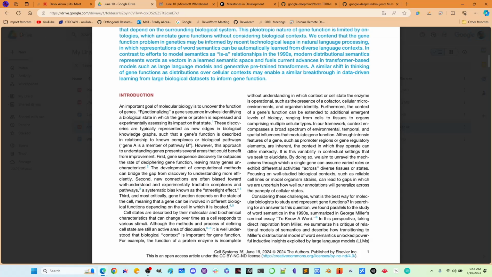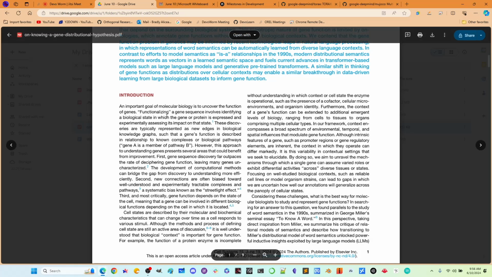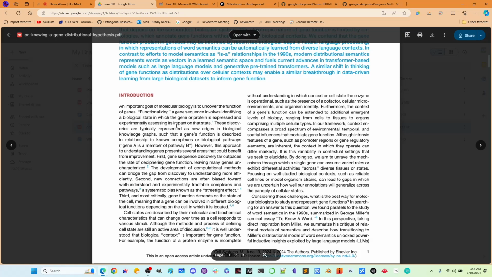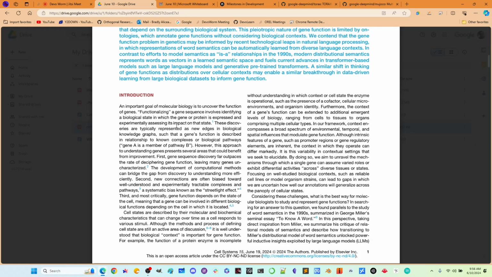Again, they say functionalizing a gene sequence involves identifying a biological state in which the gene or protein is expressed and experimentally assessing its impact on that state. So functionalizing means you have identified what the gene is doing relative to the biological process, and then being able to do that with experiments that can eliminate other explanations, competing hypotheses.